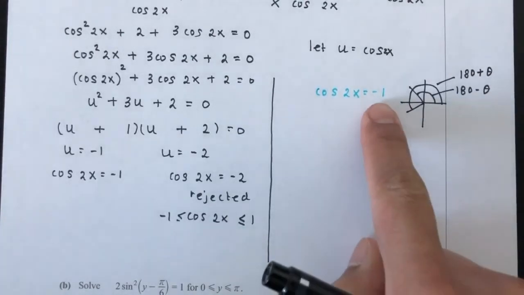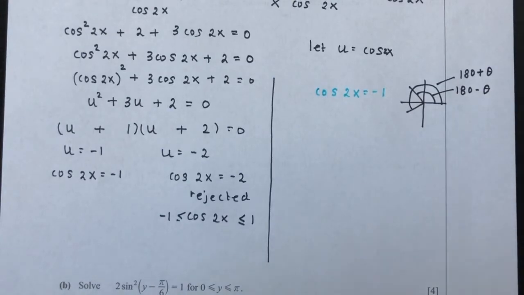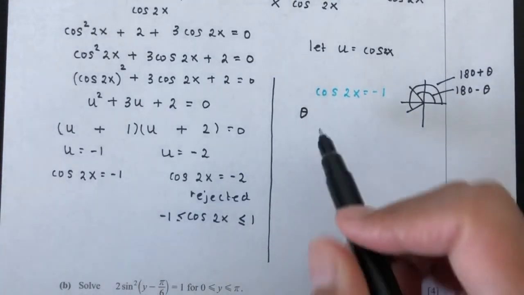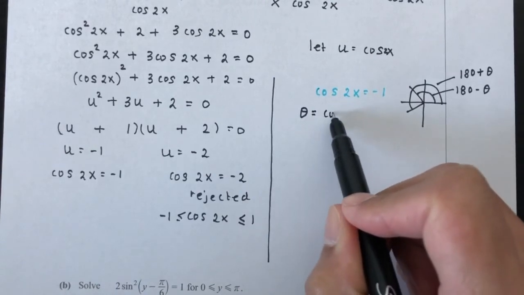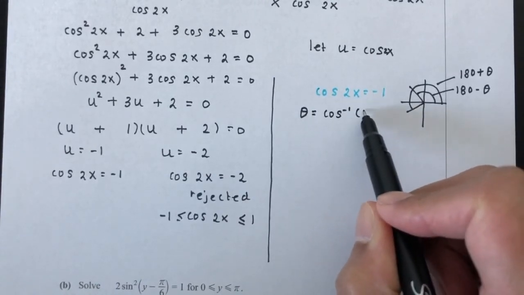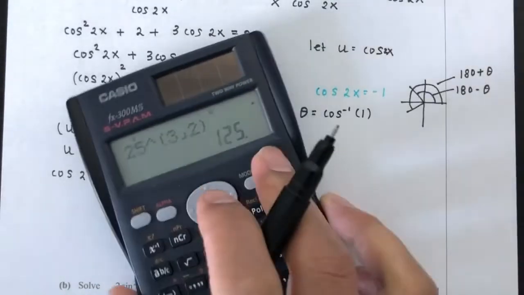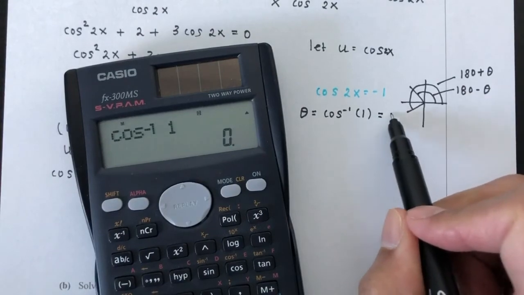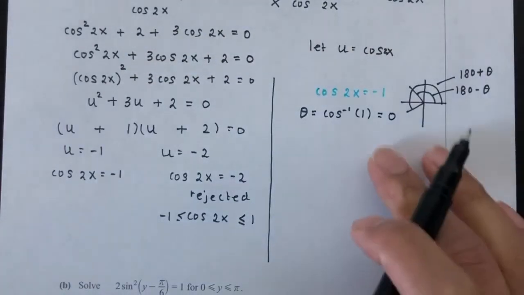So whenever I have negative value here, I like to work with a different angle. For example, I like to first find the value of theta, which is not your answer. Theta will be cos inverse of the positive value of 1. We have to use degrees. That will be 0.